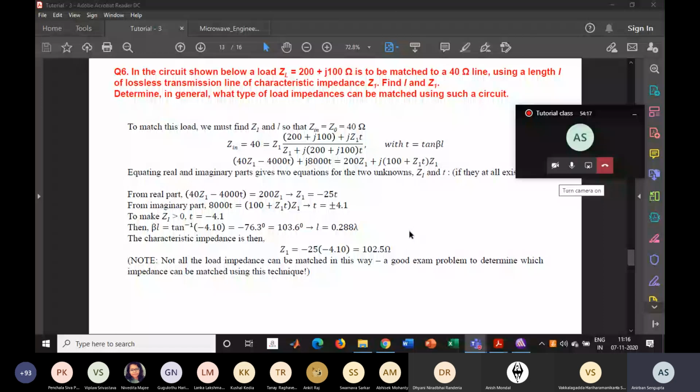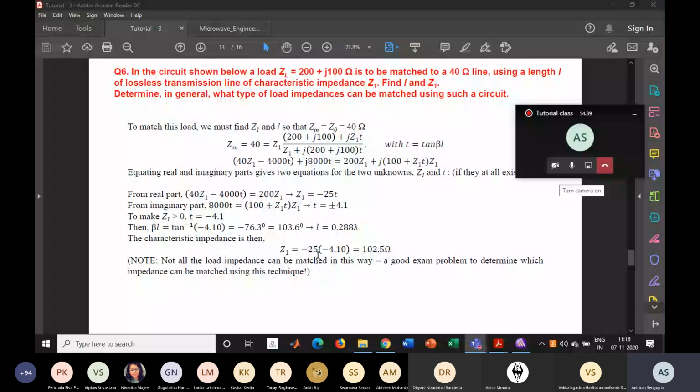For this case it is realistic, but for different matching problems or load impedances, this may not be a realistic value. So not all load impedances can be matched with this technique. We have to take Z1 to be greater than 0, and L also. So that is the part.